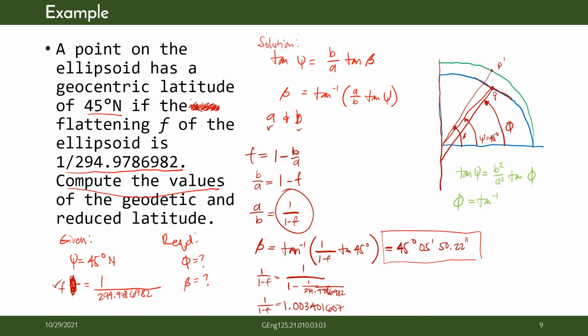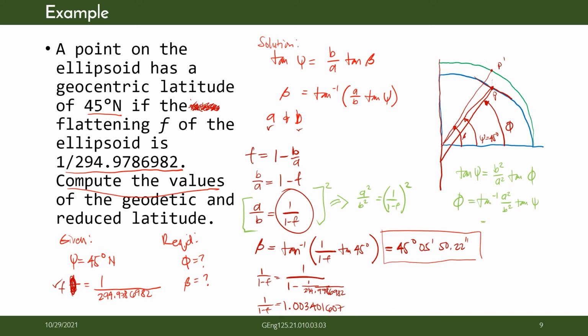So now this is squared. So we can utilize this equation. So we square this value, it would become a squared over b squared is equal to 1 over 1 minus f squared. Okay, so now this would become a squared over b squared tangent geocentric.